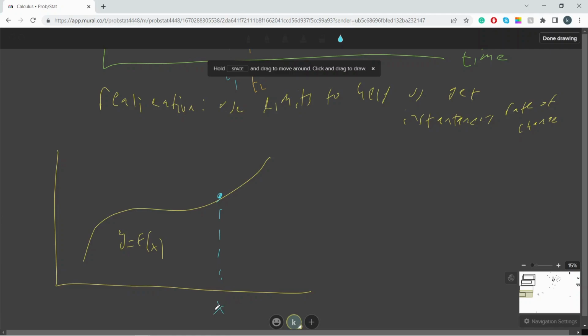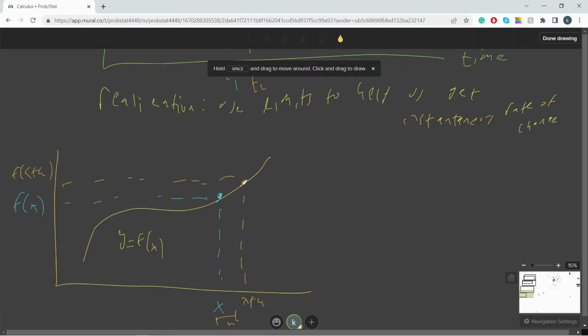Let's call this blue point x, and the value that it'll take is f of x, right? And we want to take the second point kind of some unit far from x. So let's call the second point right here, this orange point. And this orange point is going to be h units, right, to the right of x, right? So this point here will be x plus h, and thus this value here will be f of x plus h. And what do we discover?